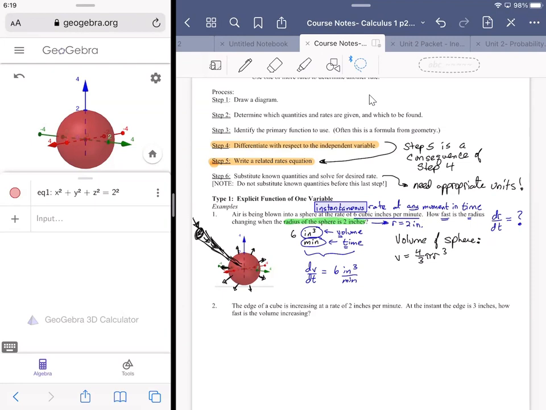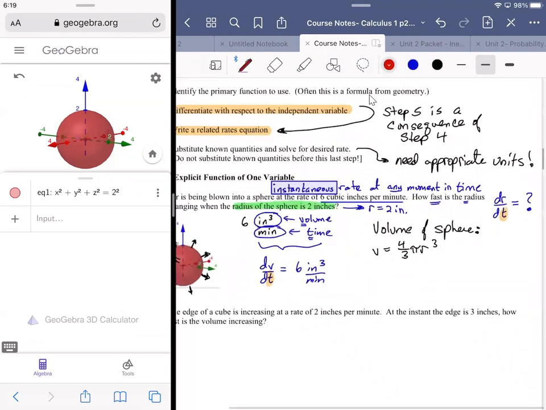So it's a question of what are we taking derivatives with respect to? Not x. Here I'm looking at two derivatives, dV/dt and dr/dt, that are both represented with denominators dt. So what that's telling me is take the derivative of both sides of this equation with respect to time.